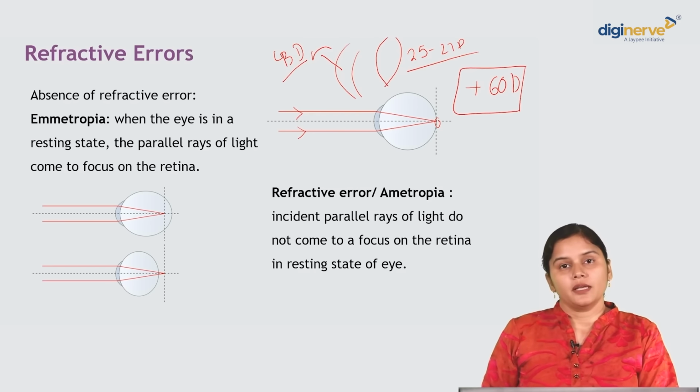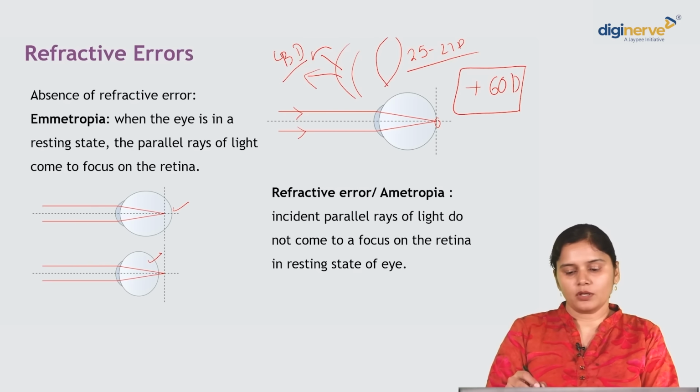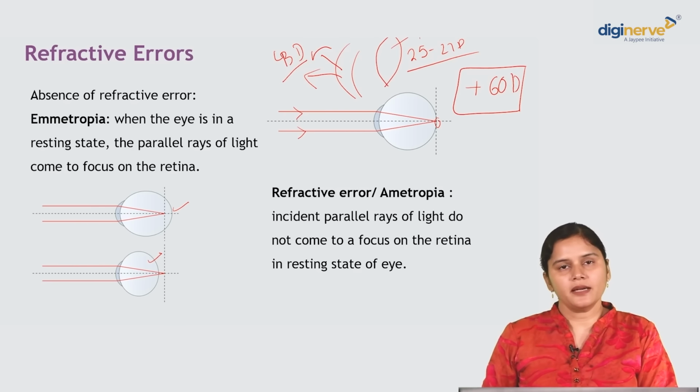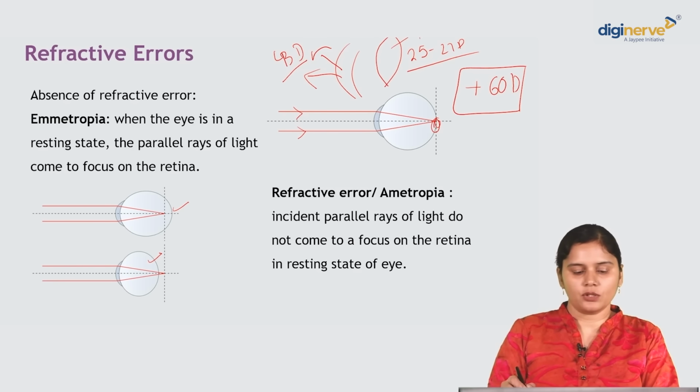Now, suppose the eye is slightly elongated or slightly smaller, or the cornea is deformed or the lens is misplaced, then the parallel rays of light which are coming from infinity will not be focused on the fovea.